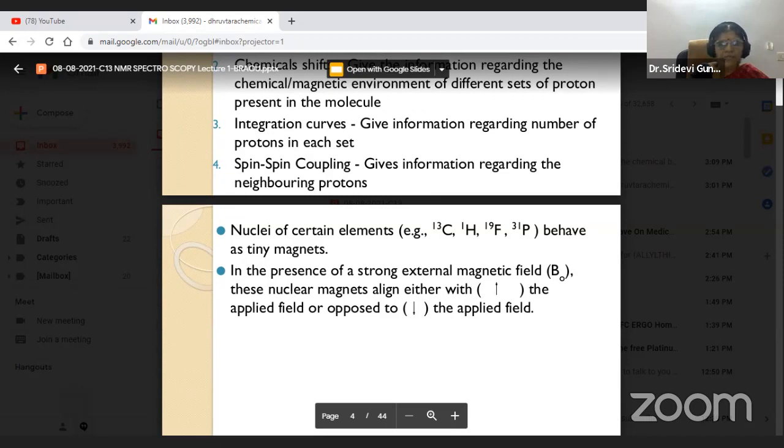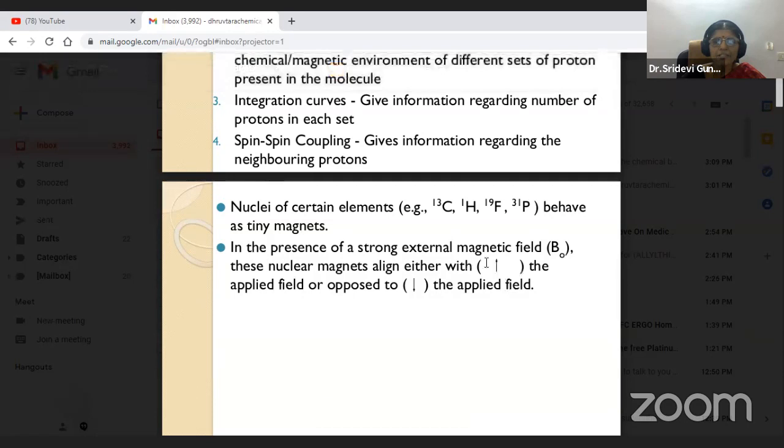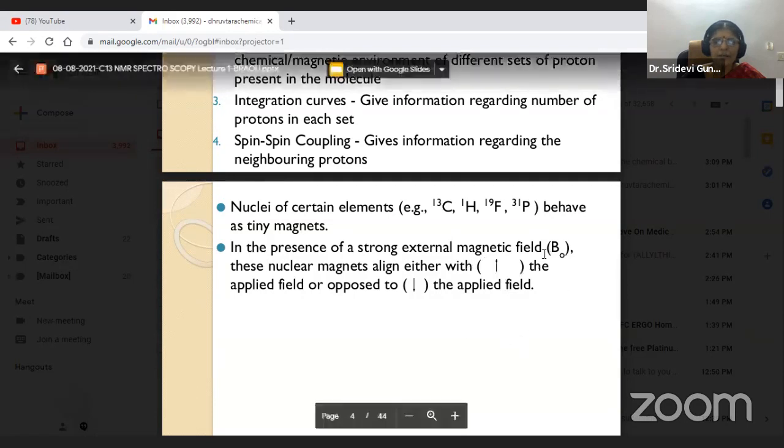Whereas in the presence of an applied magnetic field, they align either with the applied magnetic field or opposite to it. So that means two energy states are generated here. One is a lower energy state and the other is a higher energy state. When they are in line with the applied magnetic field, that is the low energy state for the nuclei.